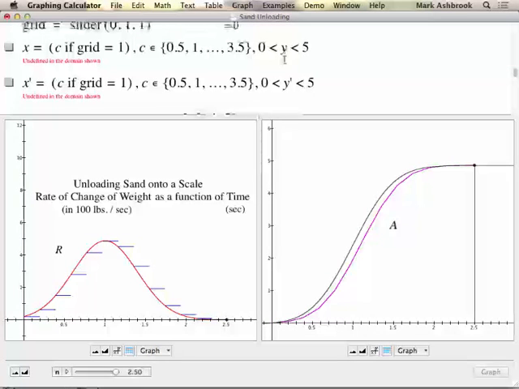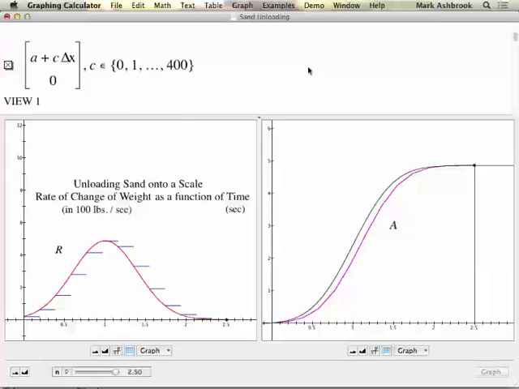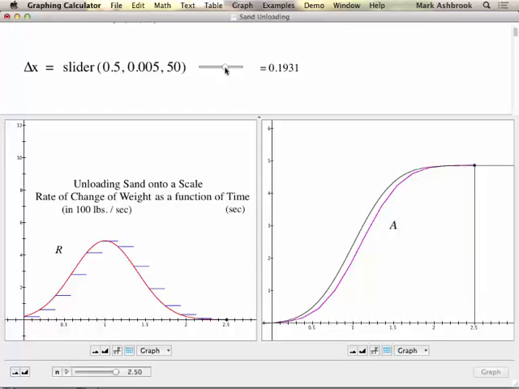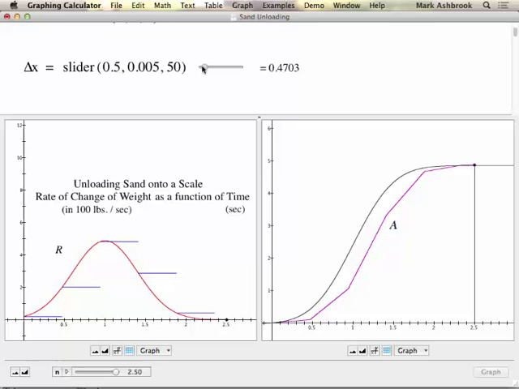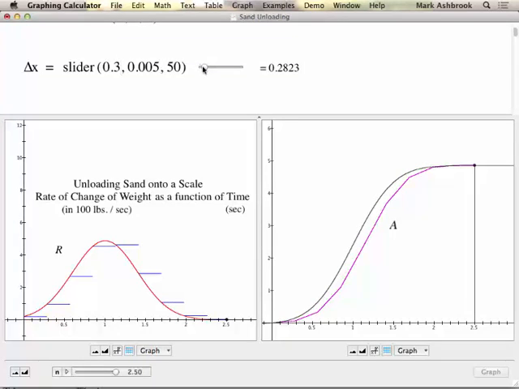Okay, so the pink one was the approximate accumulation. Let's just go to 0.3. Okay, so here's the approximate example we did with delta X of 0.3.